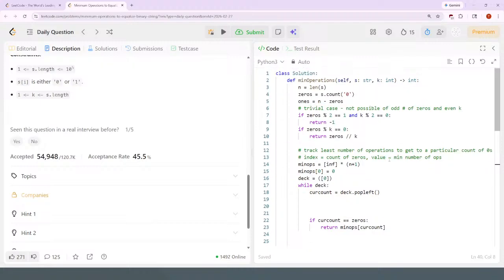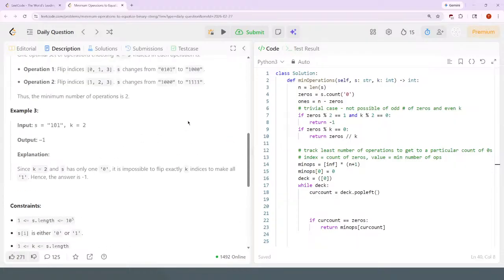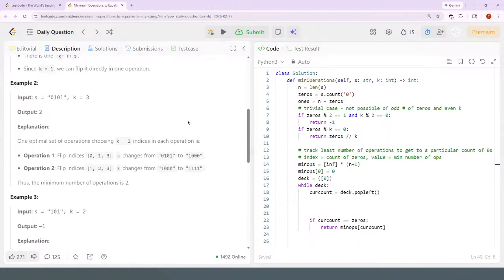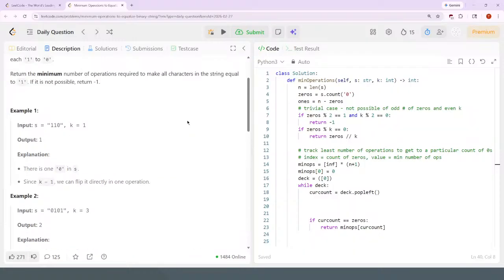Seems like a number theory problem, to be honest. Some sort of modular arithmetic I should be able to do.